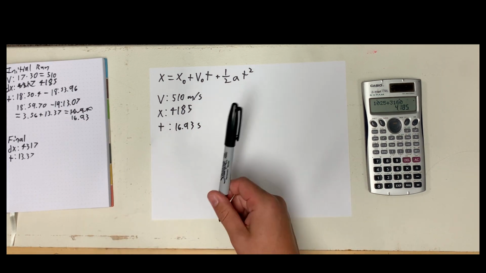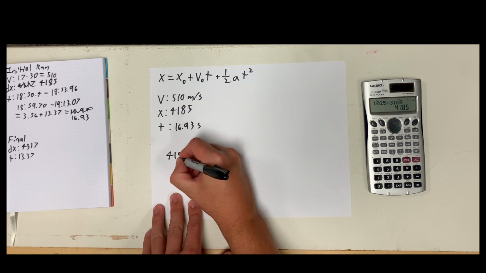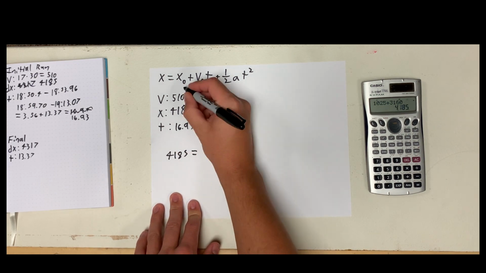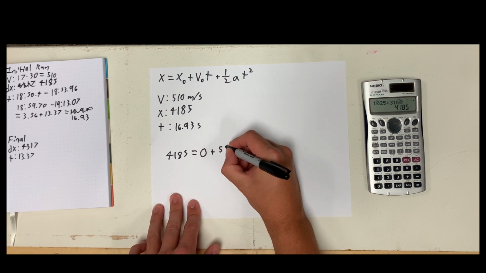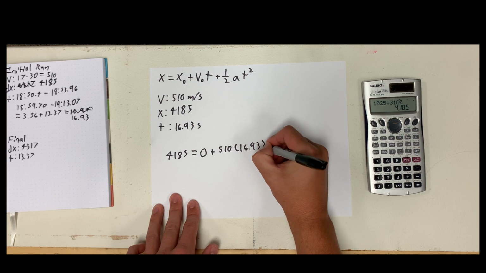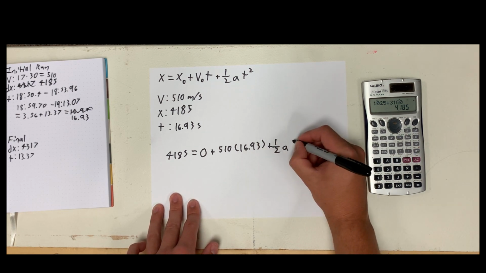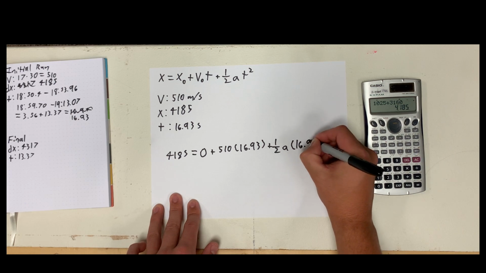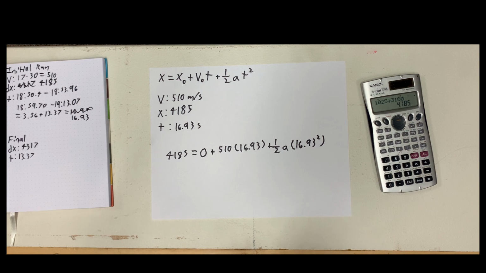So now we need to figure out our A value, so let's do that. So 4,185 equals, our initial x is 0, so we don't have to worry about that, plus 510 times time, plus 1/2 A, there's our variable, times t squared. Now we just have to run the math on this.